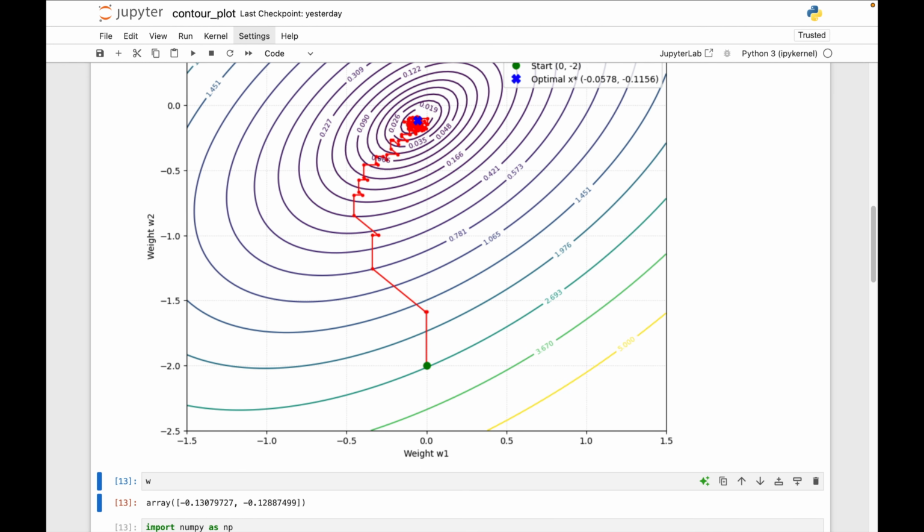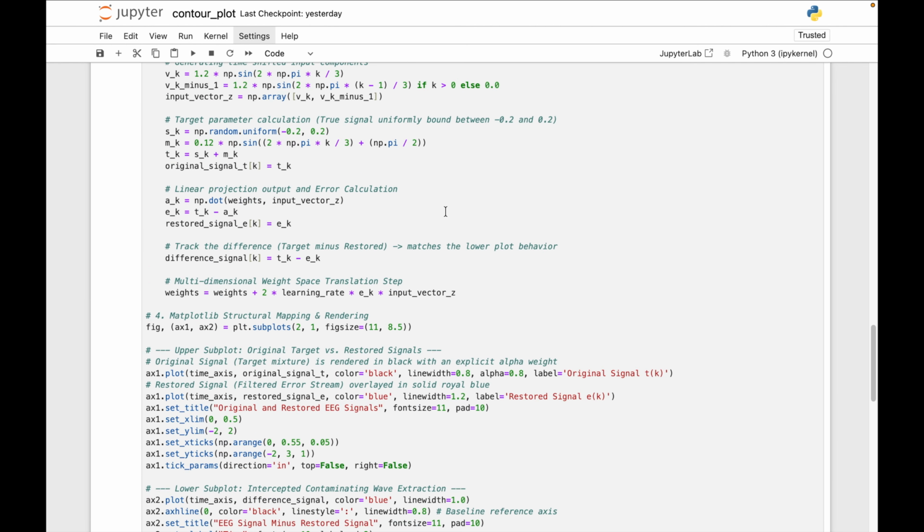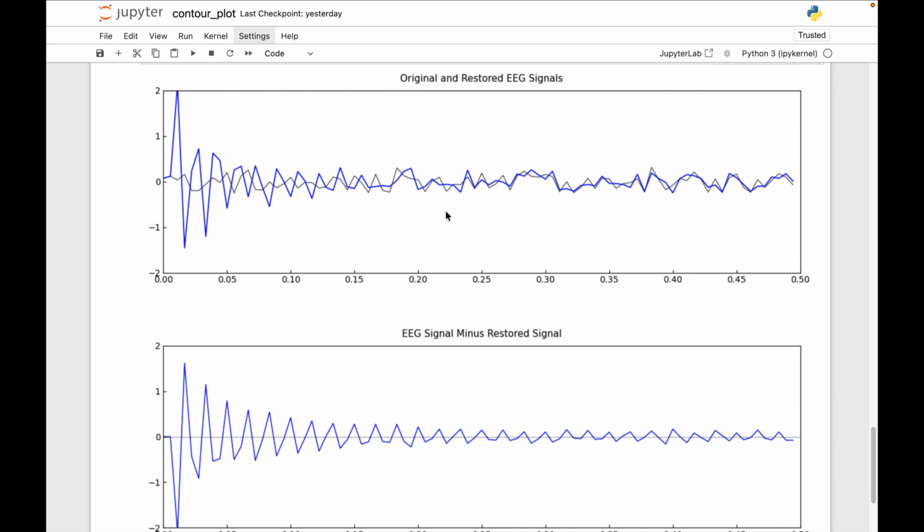Now let's look at what this weight adjustment means for our signals in the time domain. All right, so here is the next plot I wanted to share. In the top graph, the black line is our raw signal, the raw recorded signal TK.